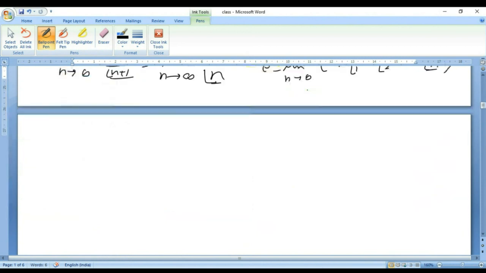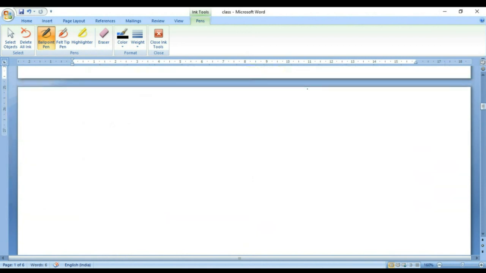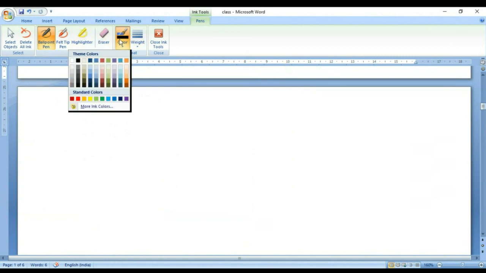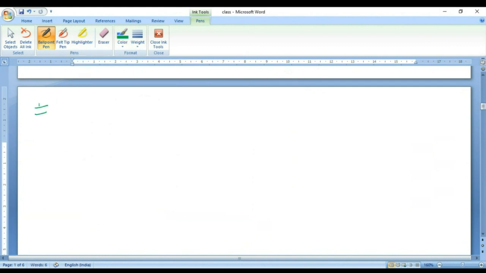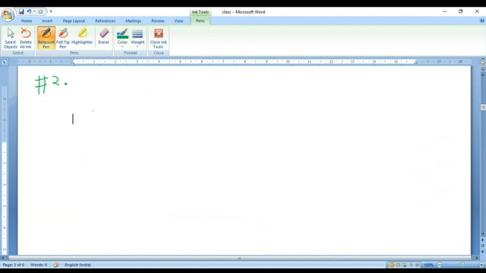Let us go along in the same direction and do some more problems. So let me change the color a bit. If I take the other problem, number 2, it's also a recursively defined sequence.